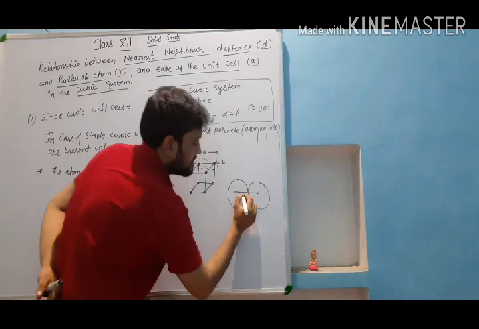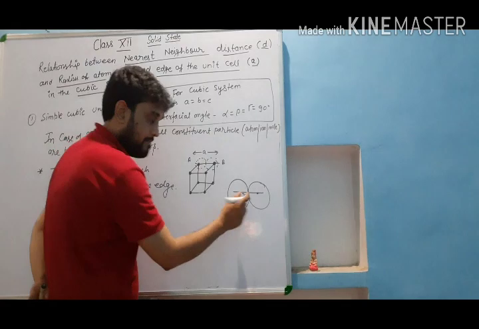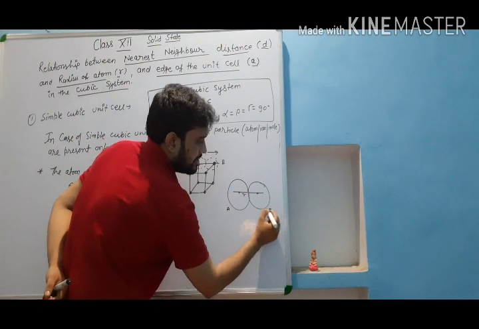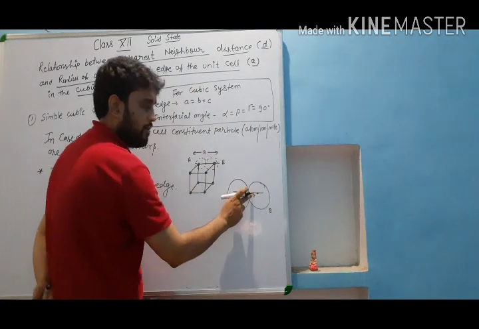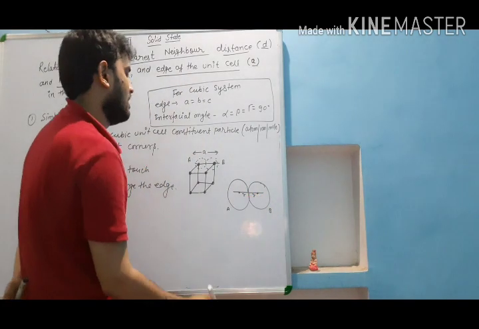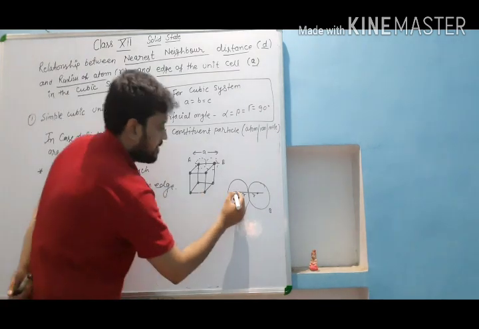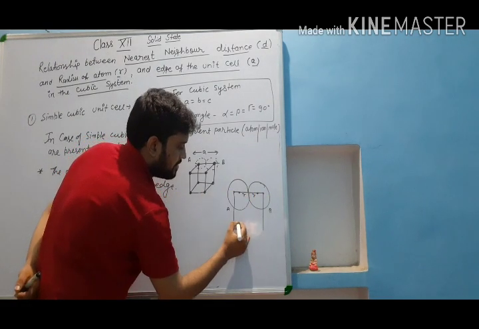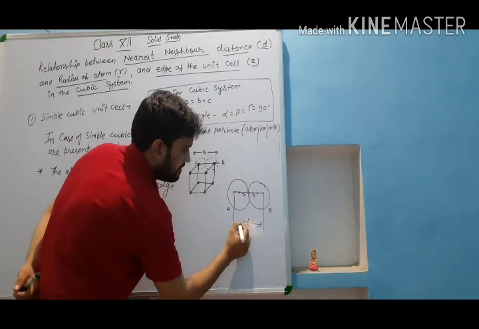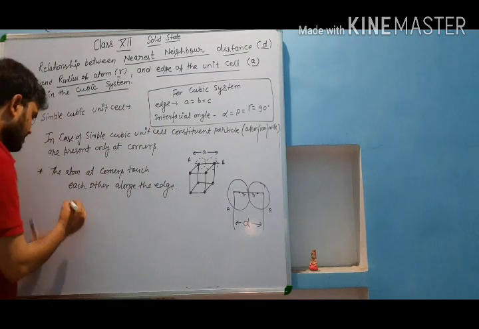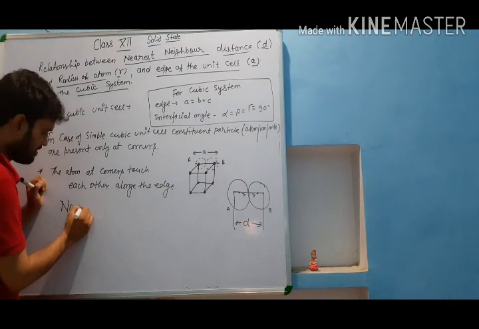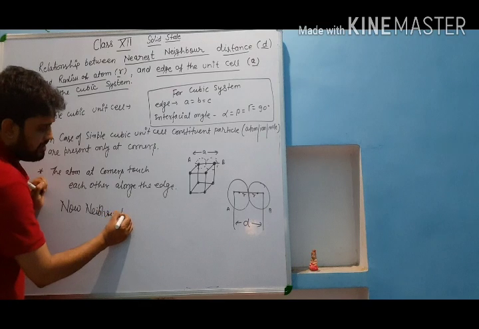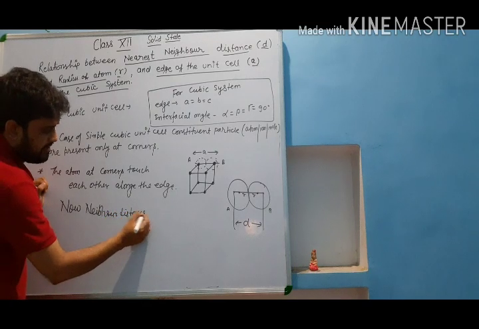This is half of the distance, meaning radius r, for atom A, and this is atom B, with r as radius for atom B. Now the distance between them is the neighbor distance d.